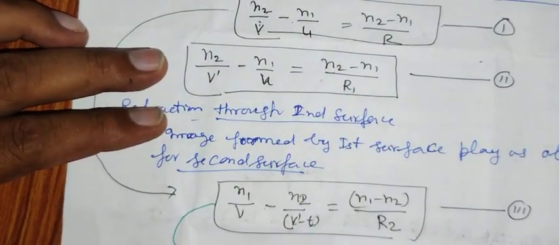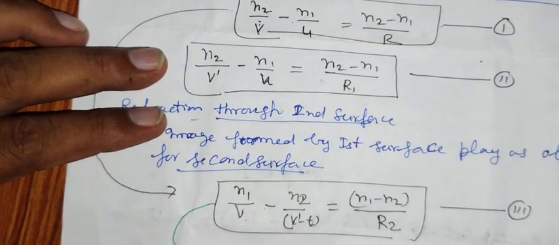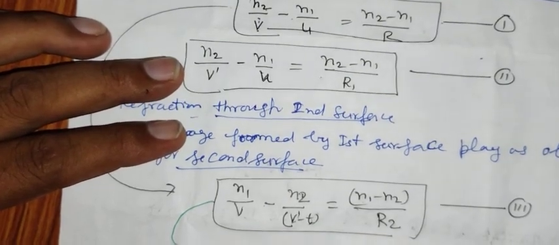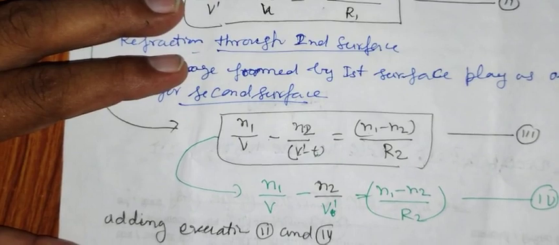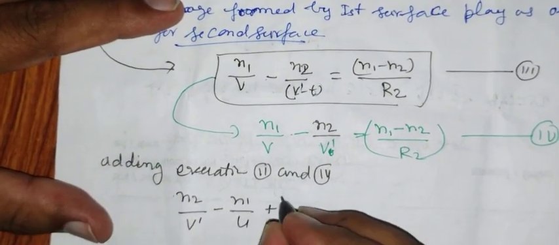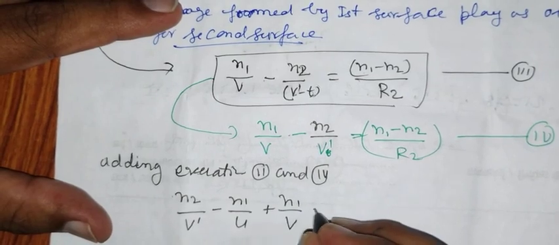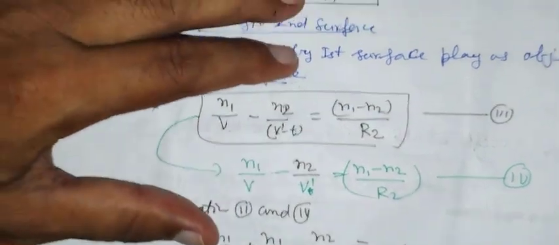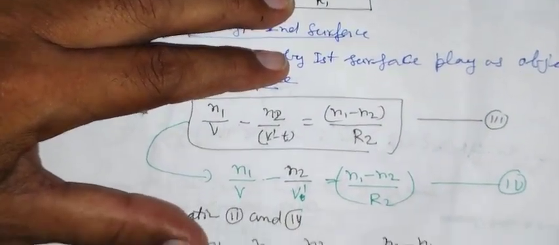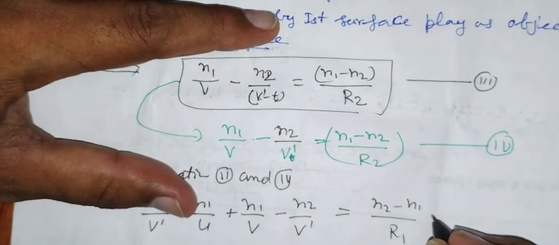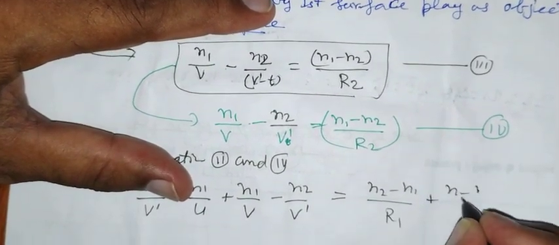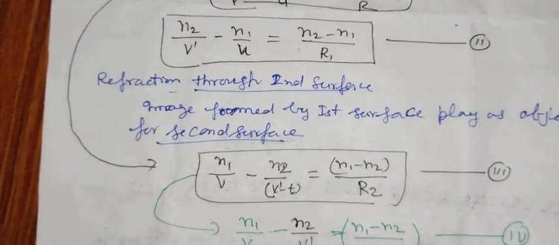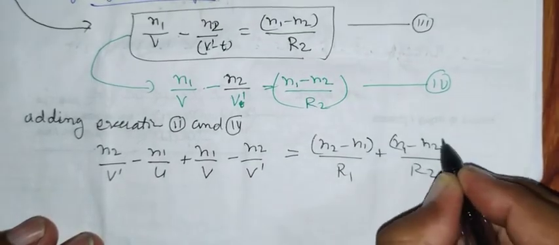What is equation 2? Left hand side plus left hand side, right hand side plus right hand side. So the left hand side of equation 2, n2 by v dash minus n1 by u, plus n1 by v minus n2 by v dash, is equal to n2 minus n1 by r1 plus n1 minus n2 by r2. Write both things in a bracket.